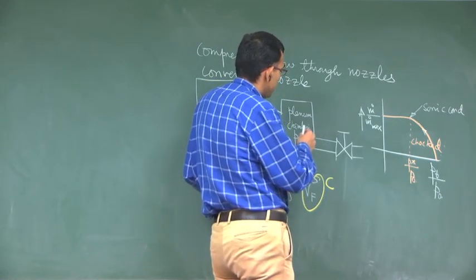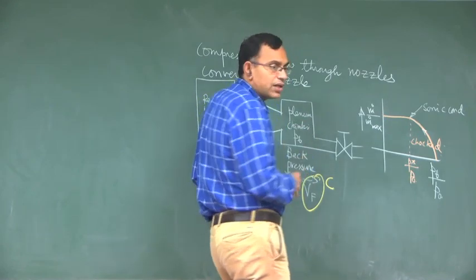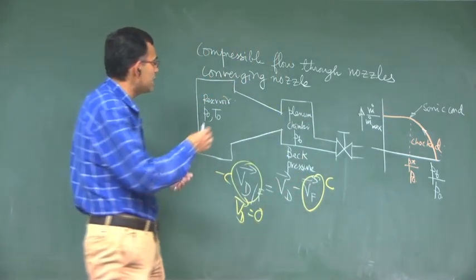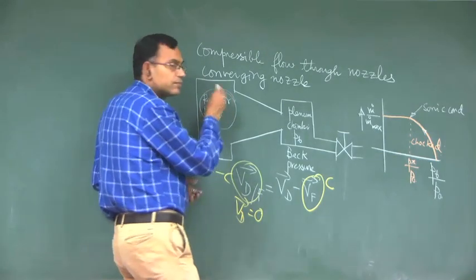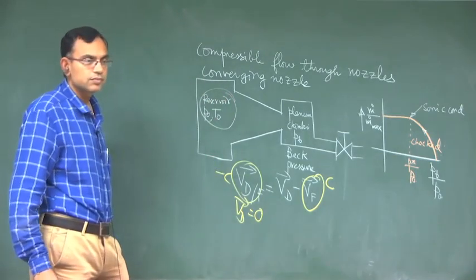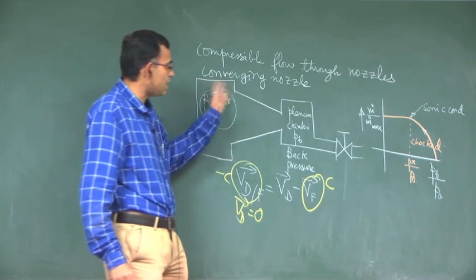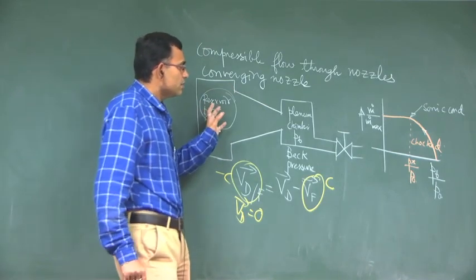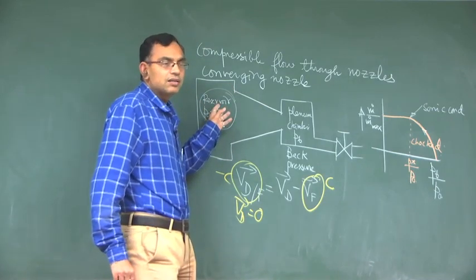So, if you do not have the velocity of the disturbance, then this reservoir does not understand that there is a disturbance.